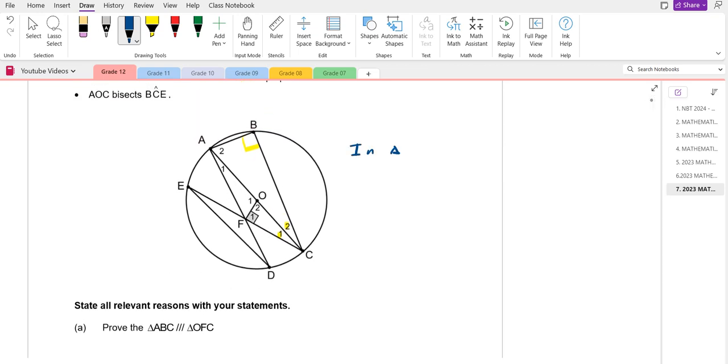In triangle ABC and triangle OFC, what information do we have? So ABC and OFC. We know angle B is 90 degrees.